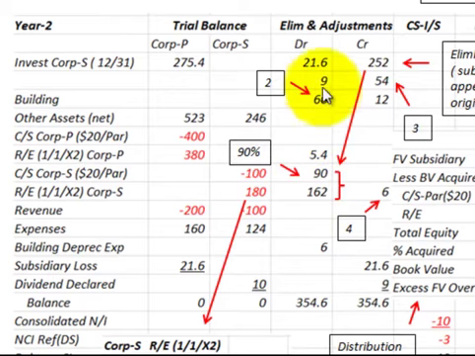So we would have debited $90,000 for the common stock in the subsidiary, and $162,000 would have been debited to retained earnings. So the balancing amount would go to credit the investment in the subsidiary for $252,000. So that would reduce our investment in the subsidiary by $252,000.